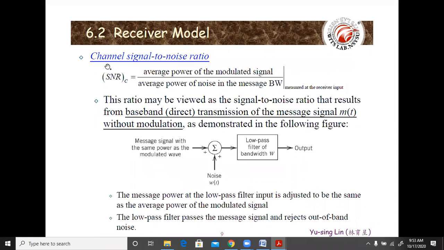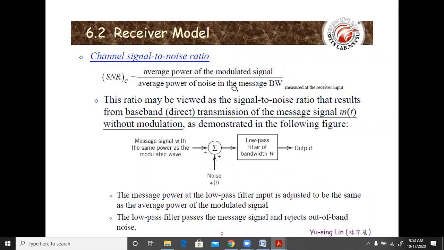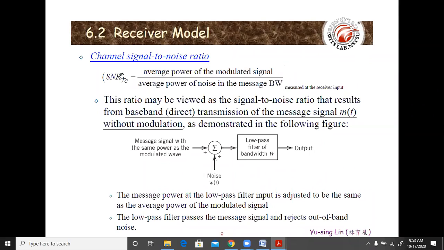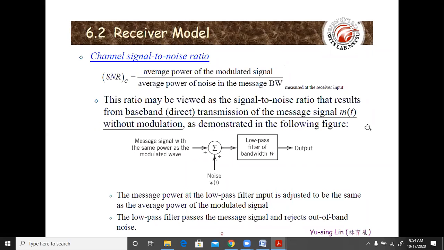We also have the channel signal to noise ratio, SNRC, that is the average power of the modulated signal divided by the average power of the noise in the message bandwidth, measured at the receiver input. This will be directly associated with the values of ST and WT. This ratio can be viewed as the signal to noise ratio that results from baseband transmission of the message signal MT without modulation, as demonstrated in the following figure.